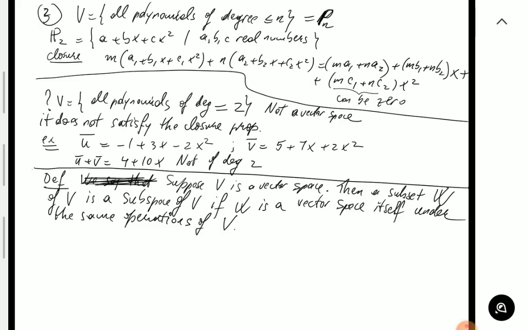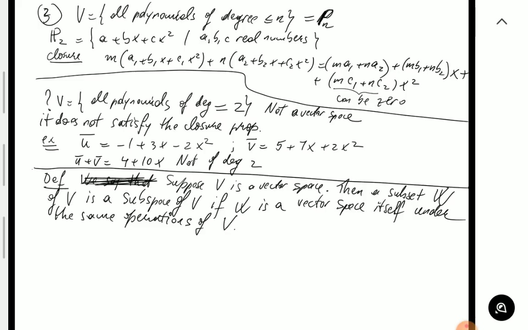So the idea is that if I actually know already that I'm dealing with vectors in the general sense, like all matrices, but in the particular application I deal only with column matrices, it's important to know that that subset of column matrices also follows the same properties of a vector space. And if that's the case, you don't have to check all of them because most of them are inherited.